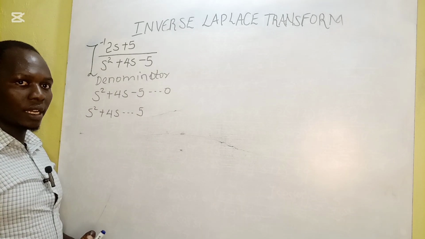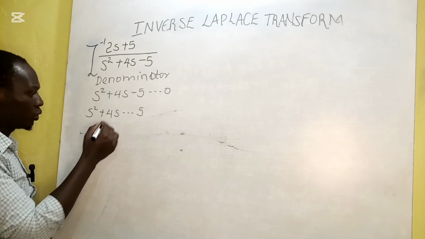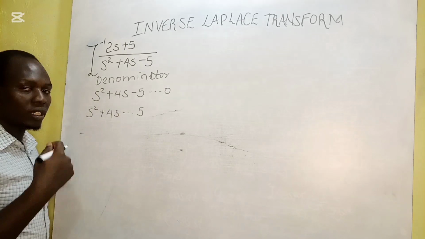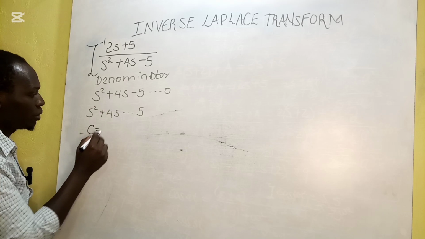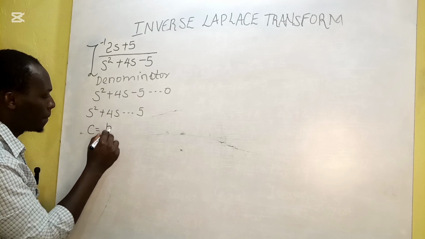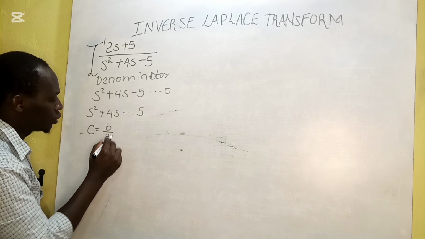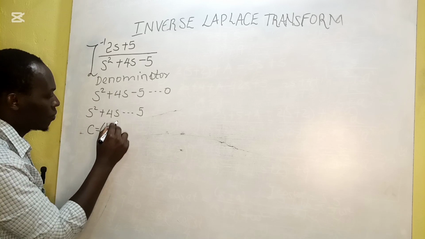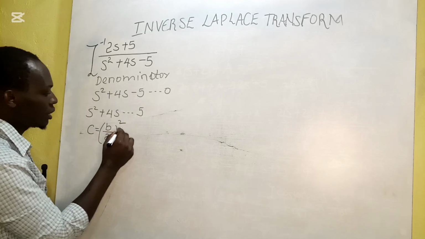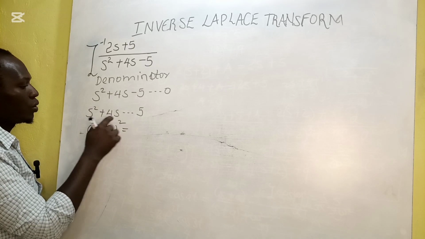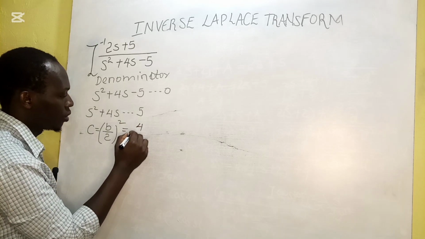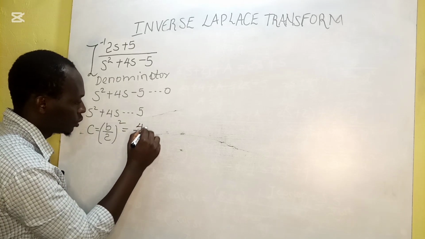What do we understand by the complete square method? We must introduce the term c. c is going to be equal to b all over 2, everything squared. To mean that our c will be equal to, our term b was equal to 4, all over 2.